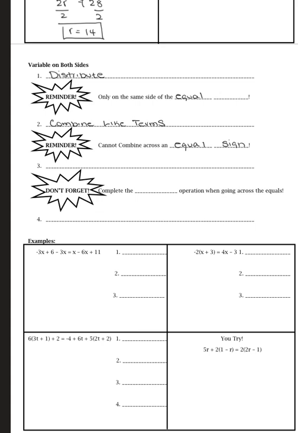Correction up here that should say sign, not side. So please make sure you correct that. All right. Then number 3, you're going to bring the variables together across the equal sign.